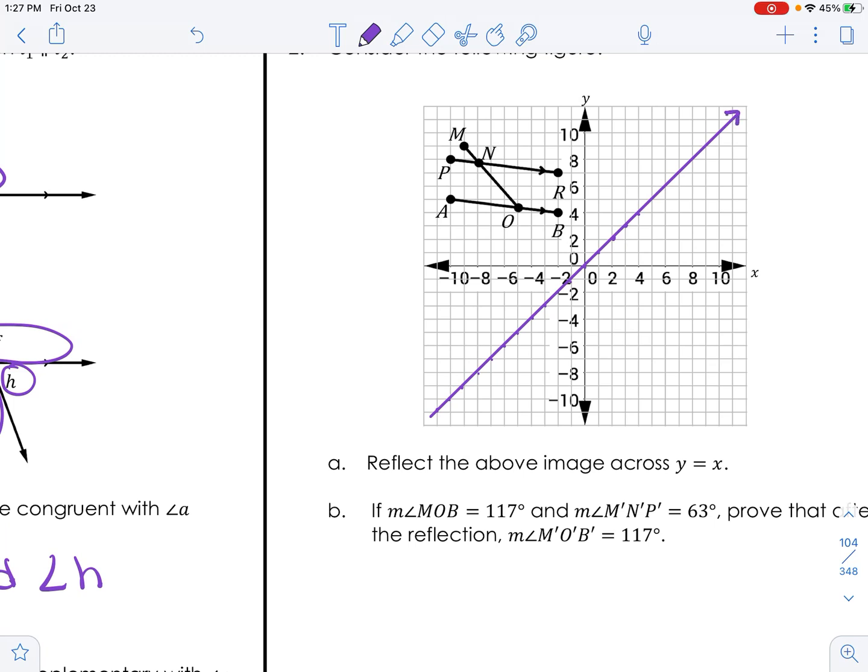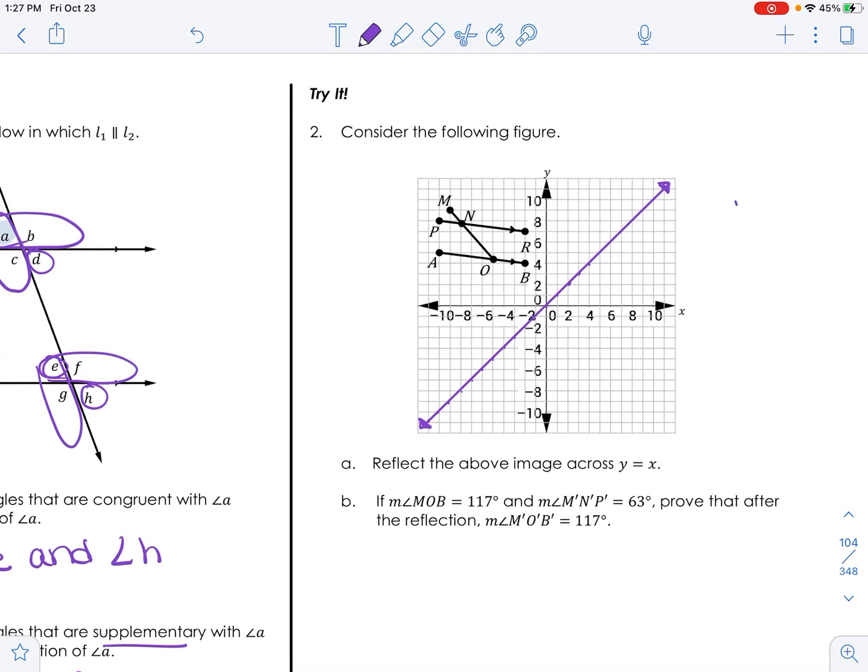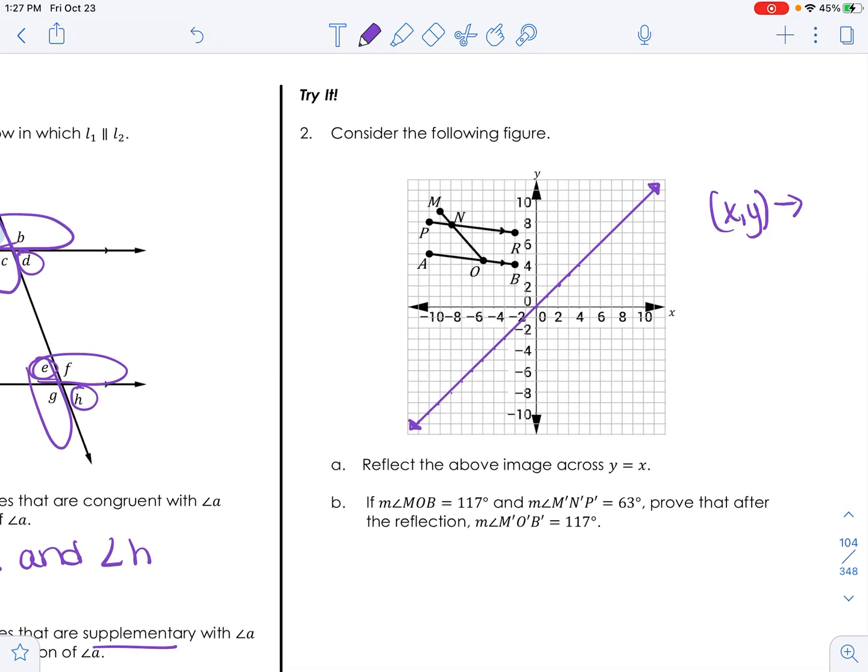Does that look good? Or if you remember the rule from a couple lessons ago. If you don't, I'll help you out. (x, y) is going to transform to (y, x).